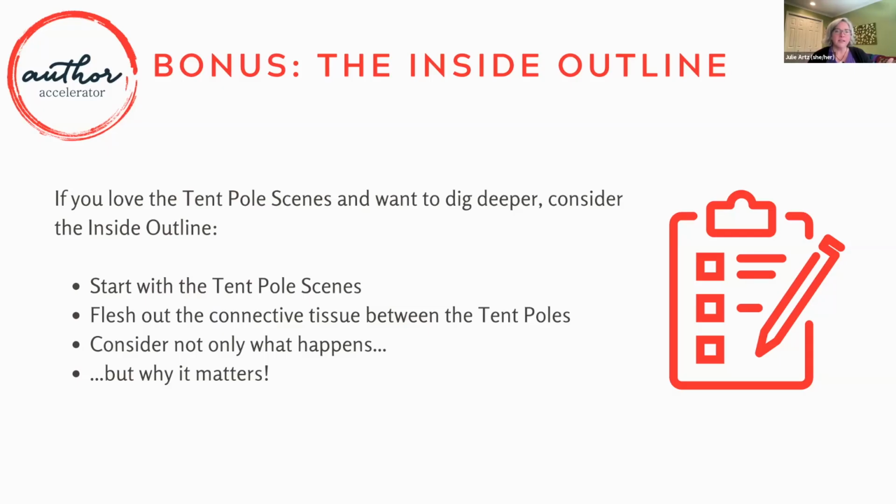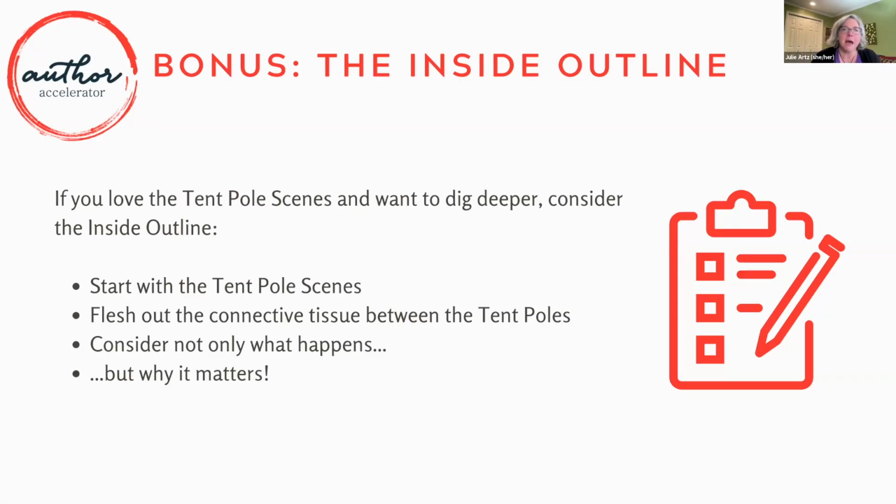The thing I like about the inside outline is that it focuses on not just what's happening, but why it matters. That why it matters is going to get at character motivation, which we're going to be talking about a lot next week. There is a template in the Google Drive that I put in the comments. For each scene or chapter in your story, it's a bullet point for what happens and a bullet point for why it matters.